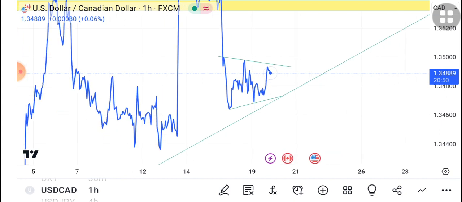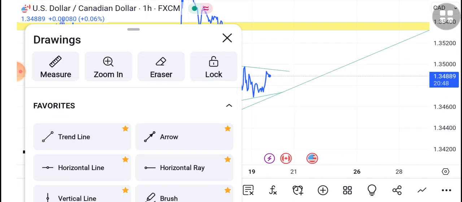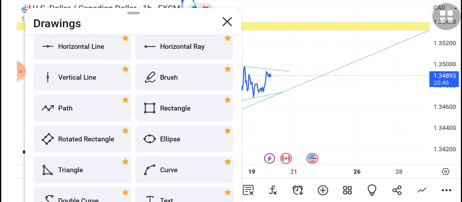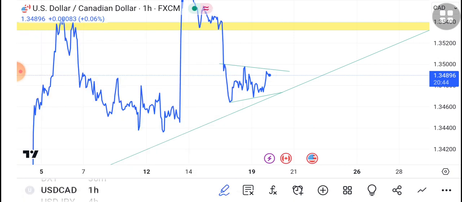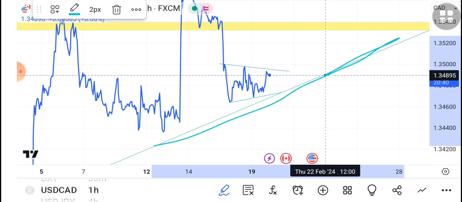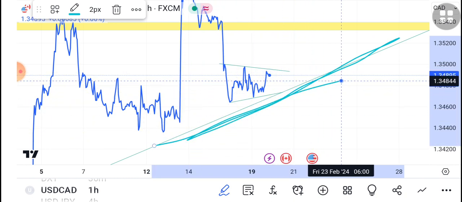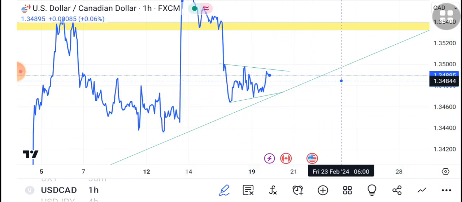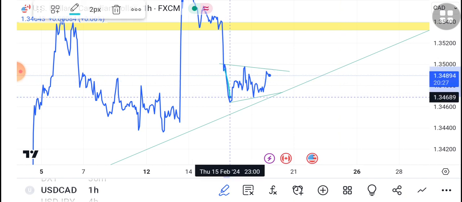Because now we have this level, the market is showing respect for that level by creating this pattern.